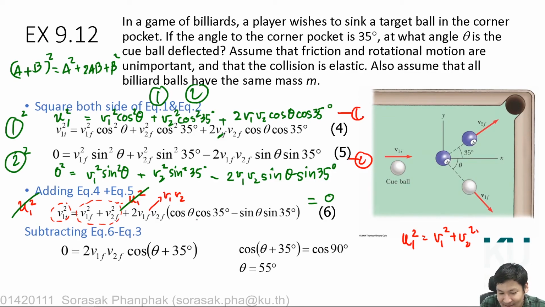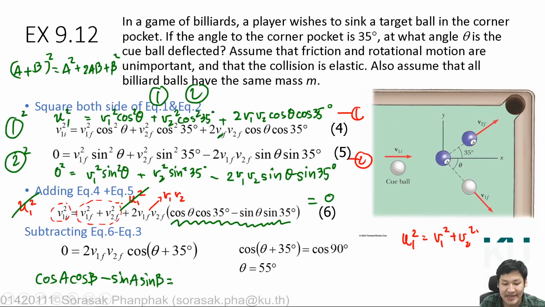So the significant part is the term inside that determines theta. You have cos A cos B minus sine A sine B, which, from the trigonometry identity, is equal to cos of A plus B. What is significant here is the theta inside.